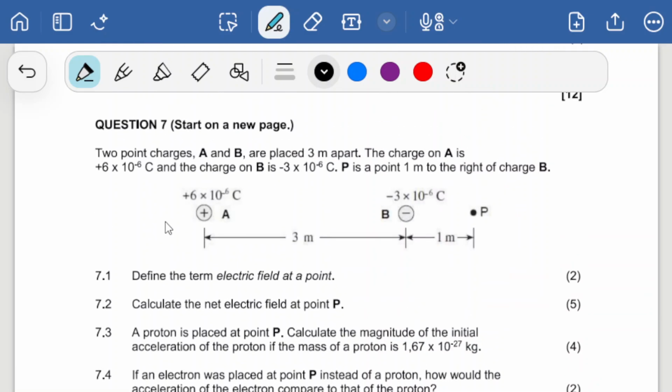Now, they want us to calculate the net electric field at point P. So, what will be the net electric field? Do you want to write the question, or the definition that I wrote? Both.